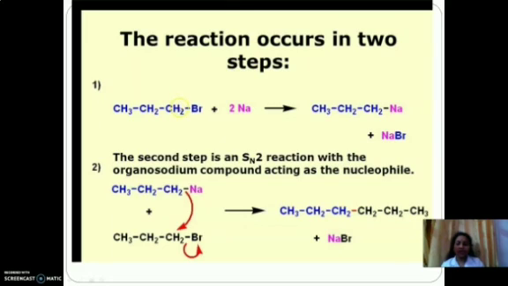So there is a formation of carbanion here, CH3CH2CH2 minus will be formed. Sodium carrying a plus charge will attach here. So we get the first compound, an organometallic compound, because it contains a carbon and metal bond. We'll get sodium bromide. The second step is an SN2 reaction.